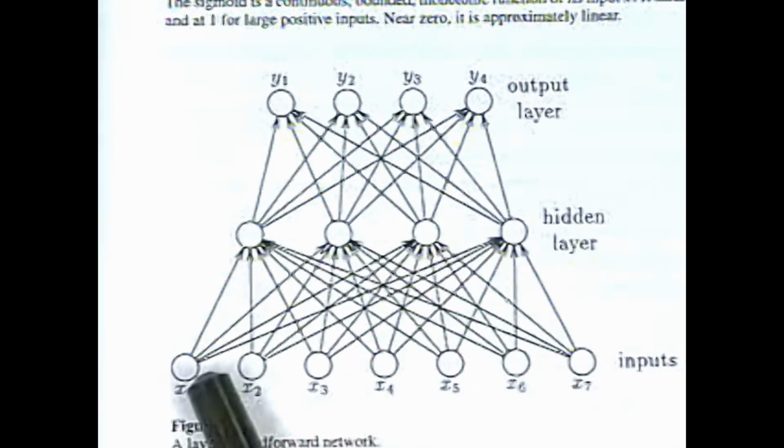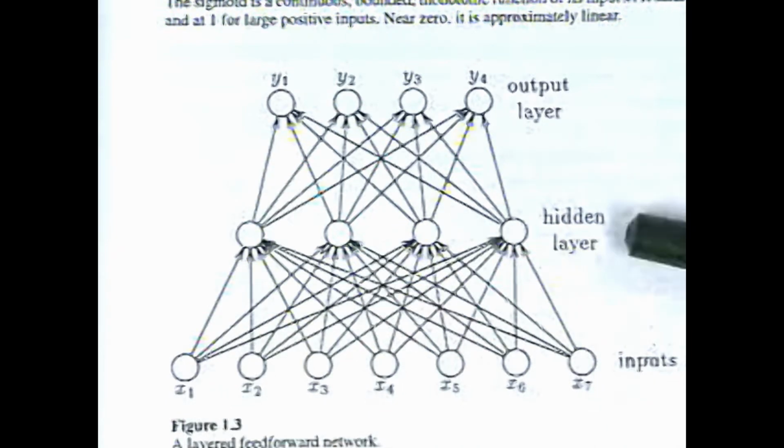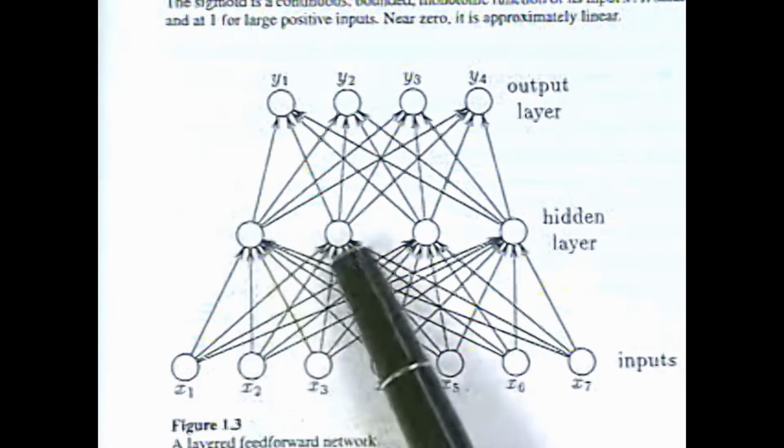actually broadcast themselves to the next layer, and this next layer receives all of these and then performs the summation, as we saw before, runs it through a sigmoid nonlinearity, and then whatever the output of that nonlinearity is the state of that neuron.